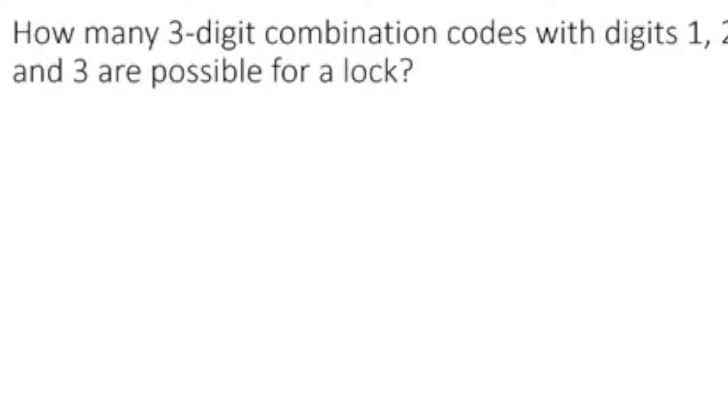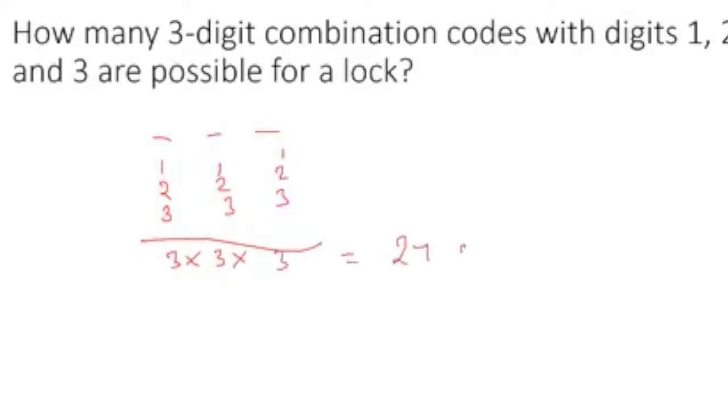Now, guys, remember for a lock, I don't have any restriction here. For the first place I have 1, 2, 3, second place 1, 2, 3, last place 1, 2, 3. So the total number of ways is 3 into 3 into 3, which is 27 ways.